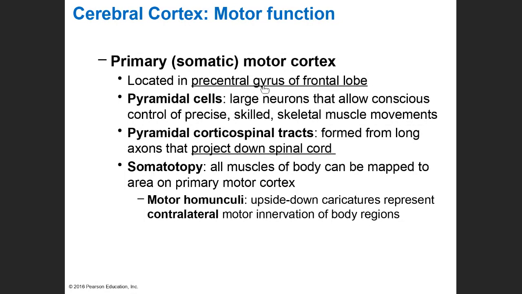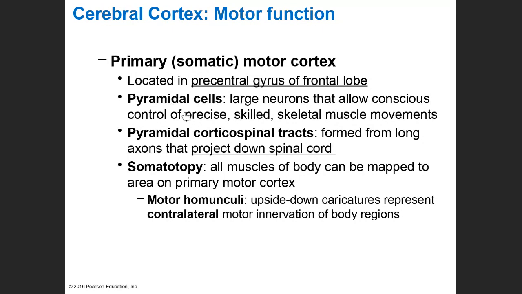Remember, the precentral gyrus, which is just anterior to the central sulcus, is associated with voluntary control of motor activity. So specifically, this region is the primary motor cortex. The primary motor cortex is inside of the precentral gyrus, and this is specifically the part of the precentral gyrus that is associated with voluntary motor control.